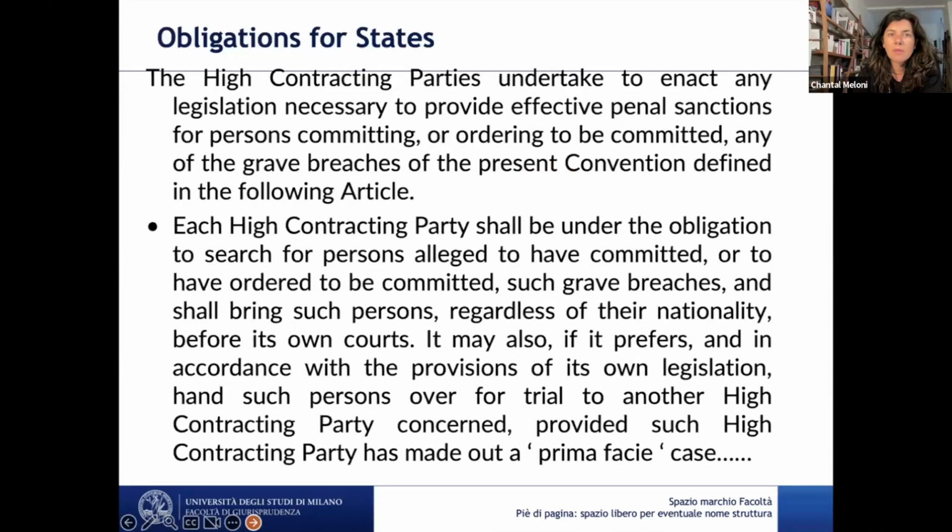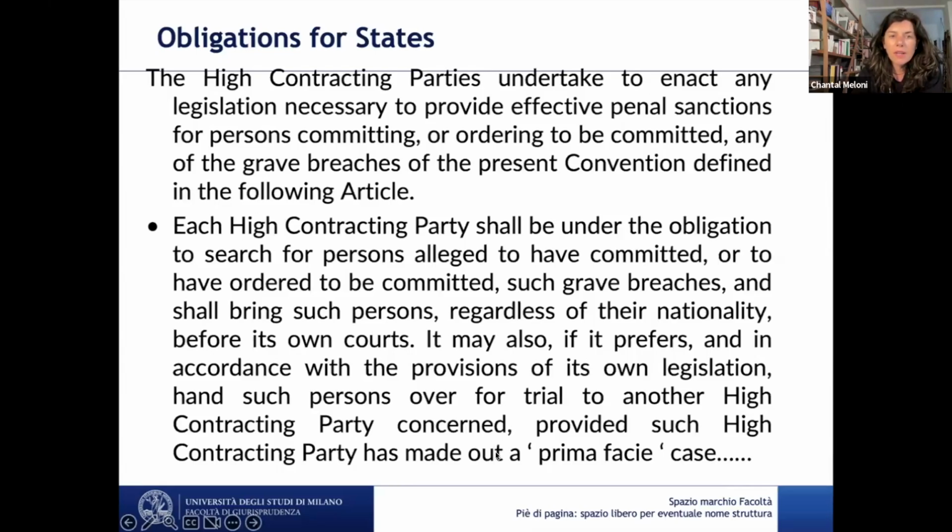In particular, states are obliged, according to these provisions, which are identical even if the numbers change in the four conventions and in the additional protocol, to undertake to enact any legislation necessary to provide effective criminal sanctions for those who commit, order, or participate in any of the grave breaches of the convention.